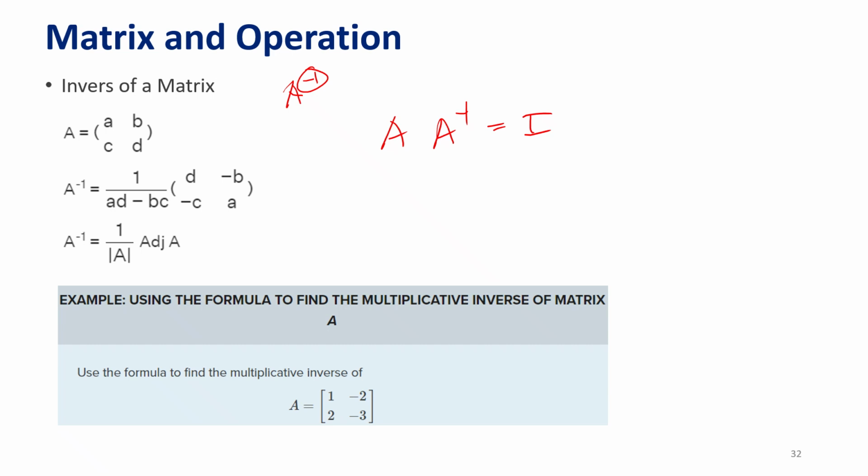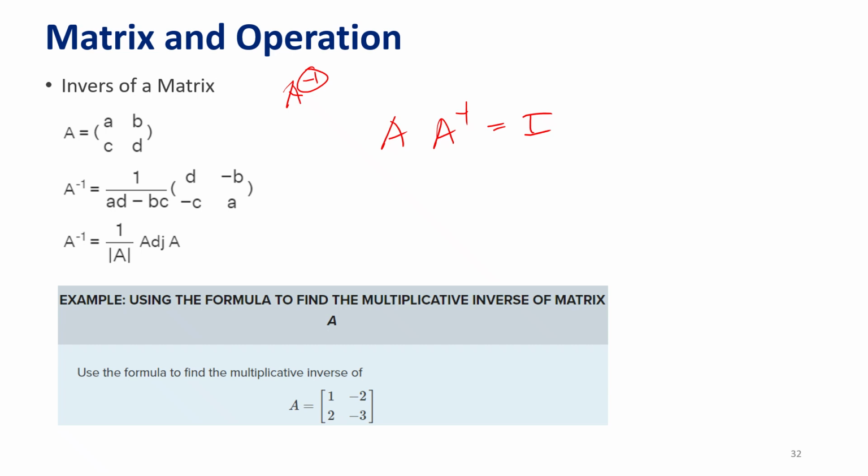But for a larger matrix, usually it will involve transforming it into the identity matrix while simultaneously applying the same operations to an identity matrix, which we obtain as the inverse. So we will show this concept later, how to find an inverse using operations to the identity matrix. But for now, this is the formula that you can use to find the inverse of a 2 by 2 matrix.